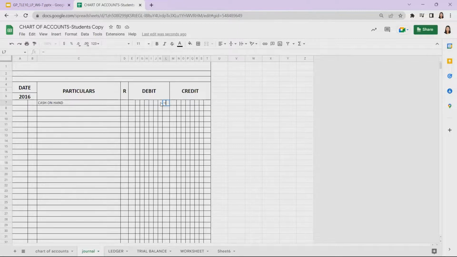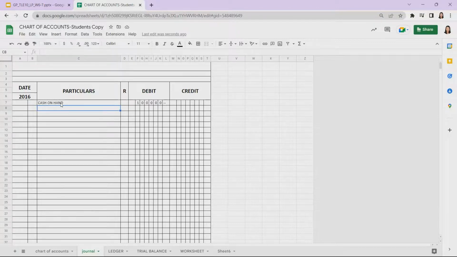Then we start from the right: ones, tens, hundreds, thousand, 10,000, and then 100,000. The next space on the left side, which is way bigger than the 6 boxes on the right side, is for millions.